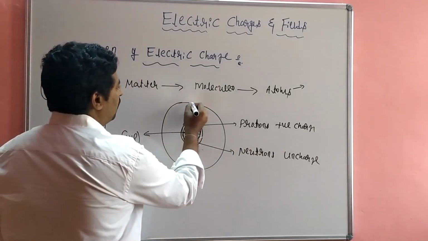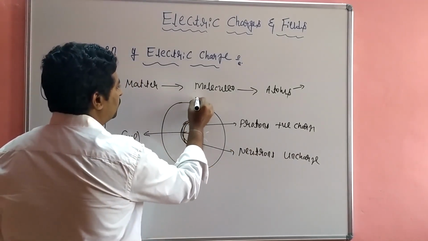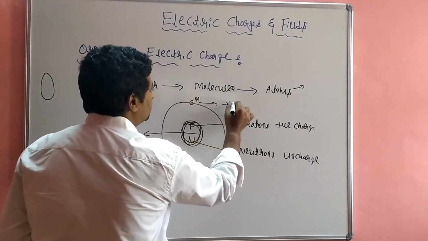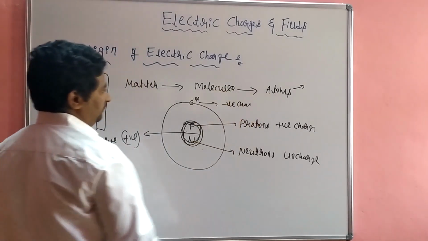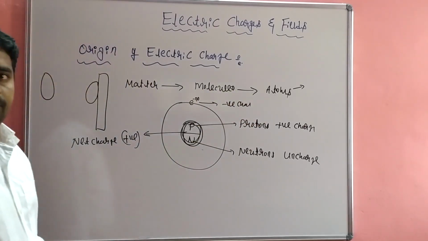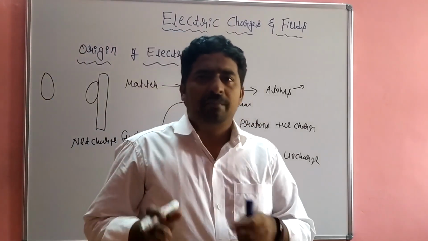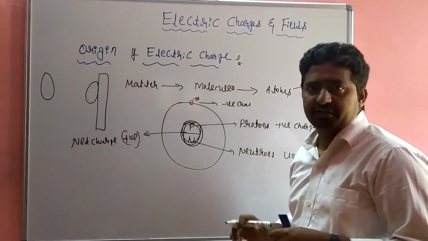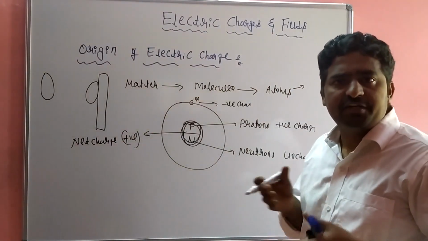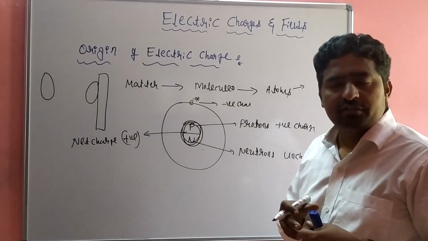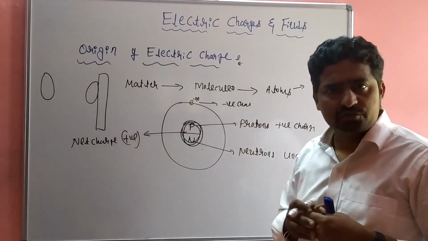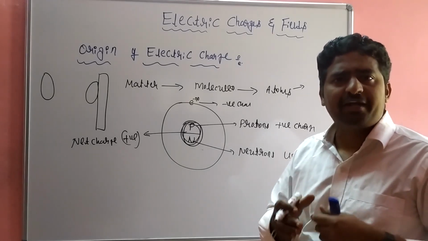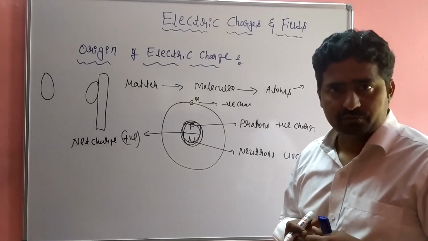The electrons revolve around the nucleus, and these electrons are negatively charged. From matter to matter, the arrangement of the molecules and the arrangement of the atoms are different.